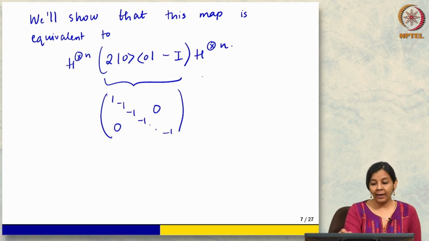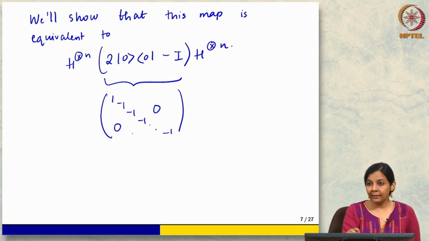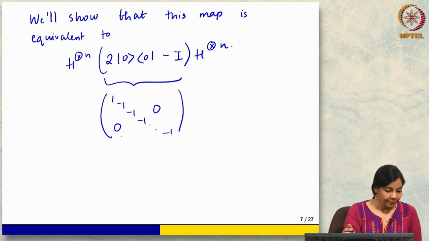So, we will prove that this map is equivalent to this circuit, okay, and then using that it will follow that this is unitary. So, let us see how this works.